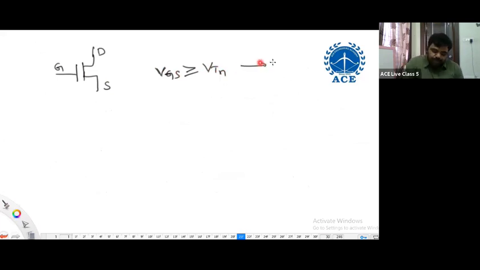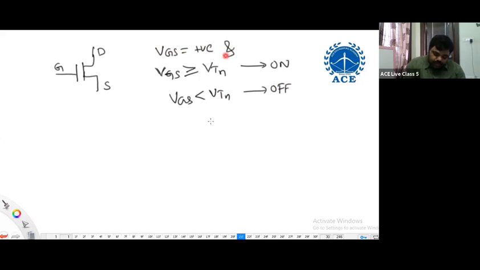Then it is on. Else it is off. VGS must be positive, and VGS greater than or equal to VTN means on. If VGS is less than VTN, it can be negative or any value less than VTN, and that condition is off.